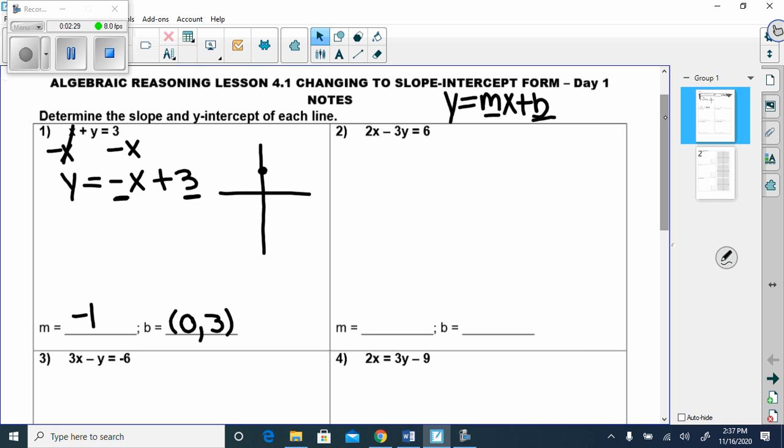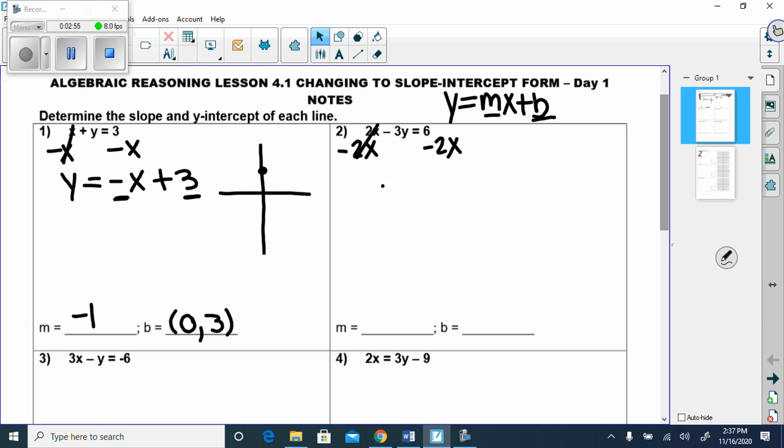Okay, number 2. Again, we need y all by itself on the left, so what should I move first? The x. So it's a positive 2x, so to move it, I would just, very good. So I'm going to subtract 2x from both sides. Okay? So my 2x is going to go away.